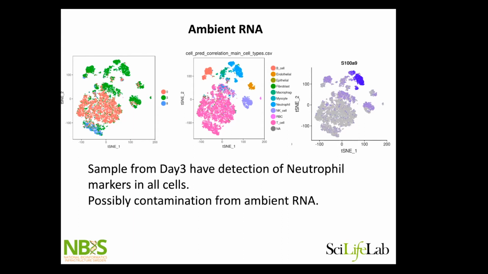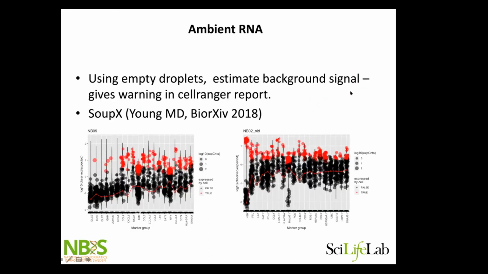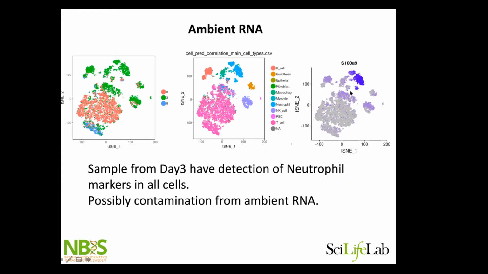So this is some data that Paulo analyzed before. It's immune cells done in 3 different batches with different time points. And what you can see clearly in this green time point, you have a lot of neutrophils here, but you also have genes that are markers for neutrophils expressed in pretty much all cells from that batch.